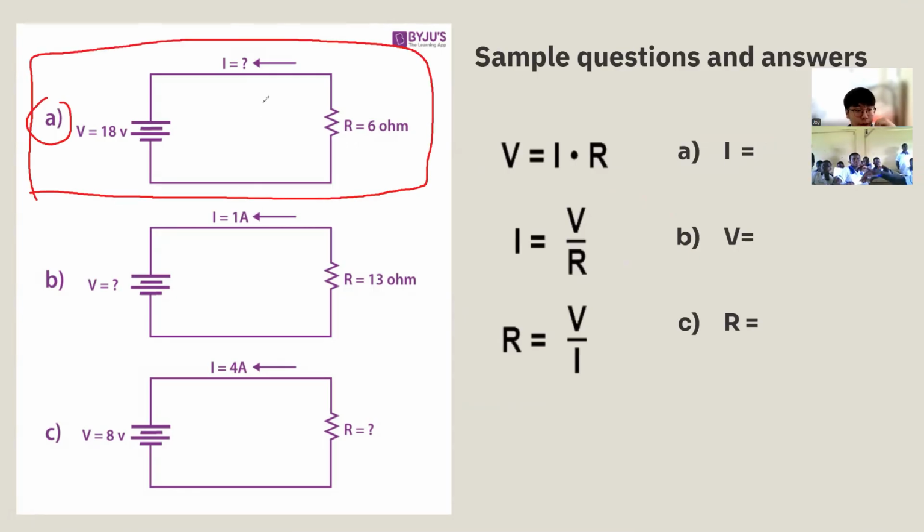If we look at this one, we're given the voltage of 18 volts. We're also given the resistance of 6 ohms. So can anyone calculate the current I for this circuit?